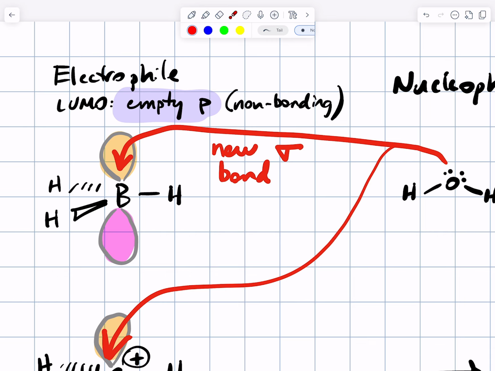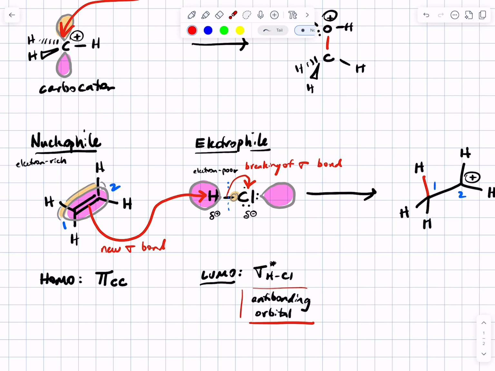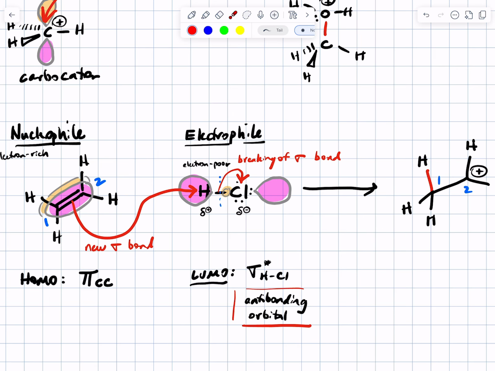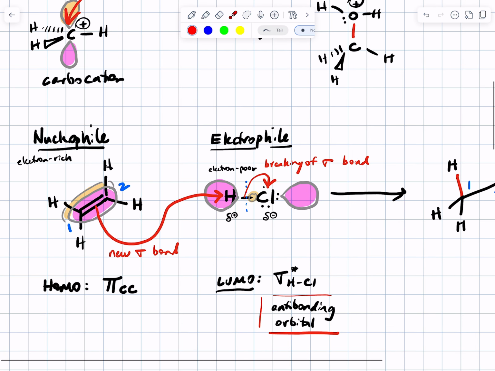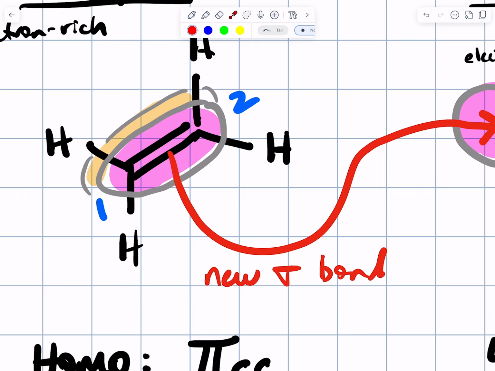Yeah, go ahead. Would carbon 1 be positive because we lost an electron and gave it to chlorine? No. These two electrons in this pi bond were what carbon 1 was sharing to begin with. Remember, you can tell if carbon is charged because carbon owns all of its lone pairs and half of the electrons in its bonds.